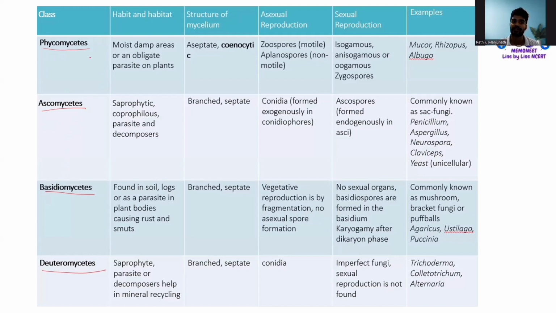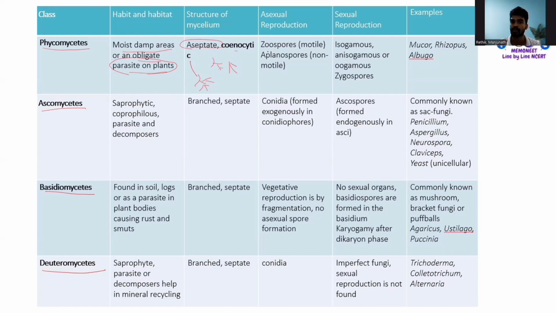When I'm talking about the phycomycetes, they prefer moist, damp areas for development and they are obligate parasites. That means they show a parasitic nature on plants. The mycelium is a root-like or branch-like structure of the fungus, and here it is aseptate, so you will not see any branches. It goes straight like this.